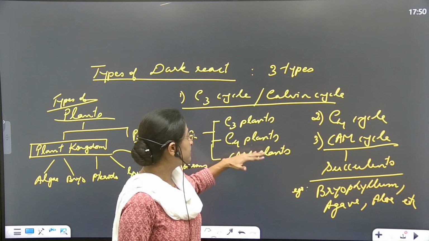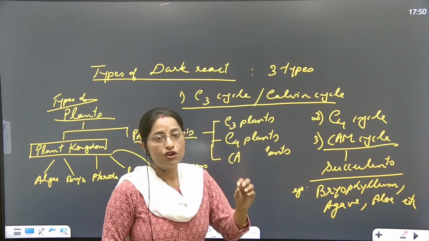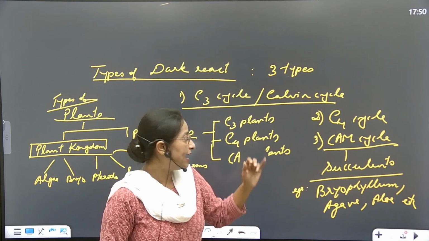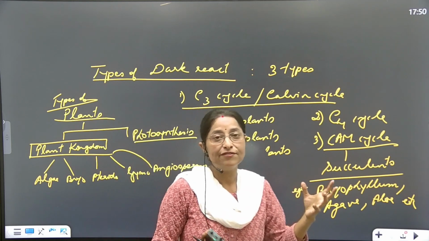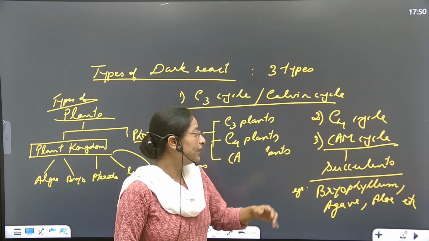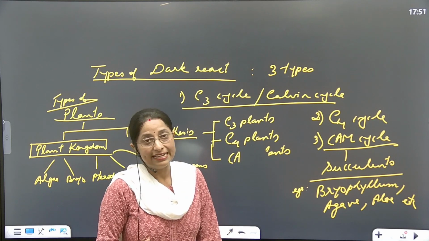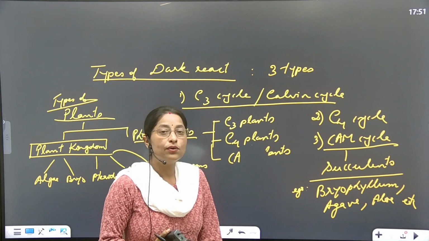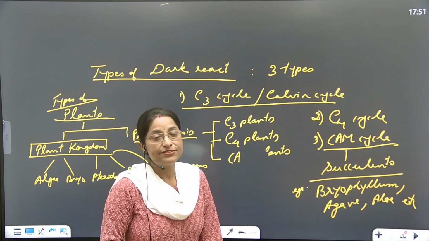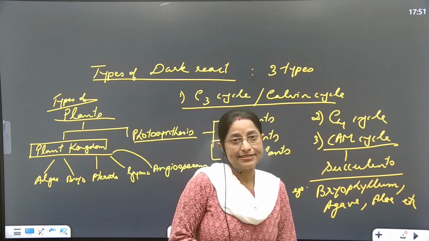If you are talking about C4 plants and CAM plants, C4 plants would have a combination of two types of reactions. Later we will study that they have two areas where carbon dioxide gets fixed and the cycle keeps on running, right? So in each and every plant, it is mandatory to undergo the C3 cycle, because if the Calvin cycle does not operate, food does not get synthesized.